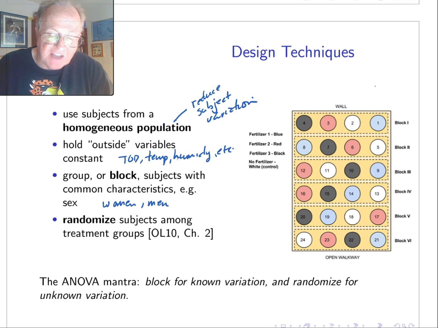Here's a nice example. We're doing a horticultural experiment where we're testing the effects of different fertilizers. So we have 3 fertilizers and a no fertilizer treatment. We have an experimental plot that has 24 subjects in it, but we see that there's varying microclimates.